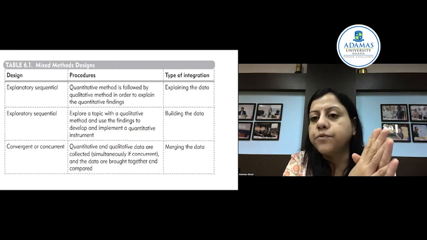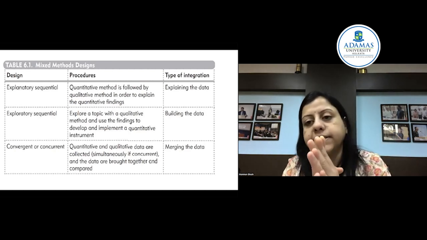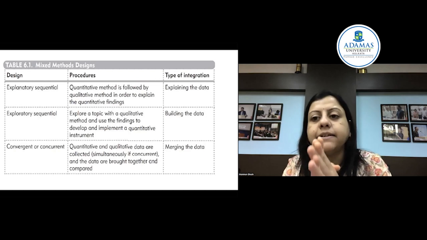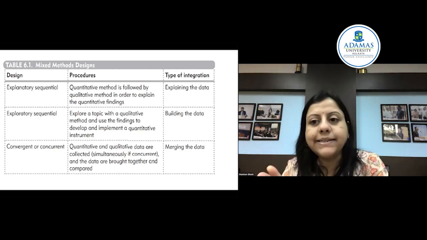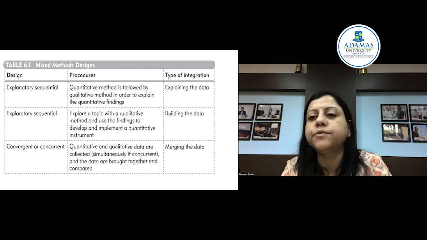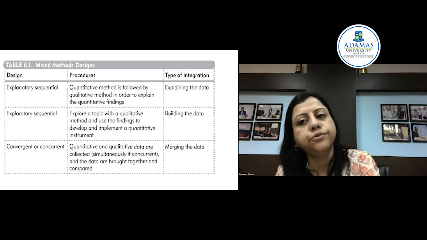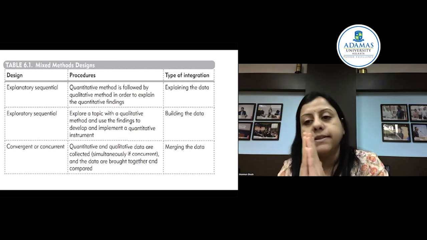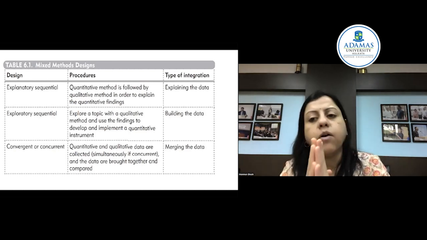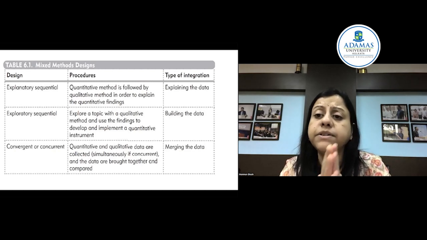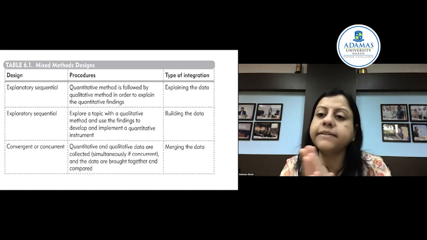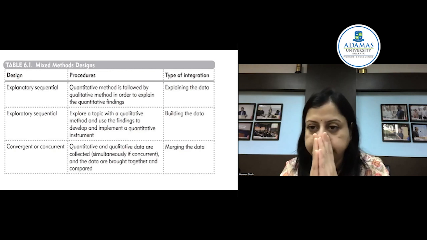So quantitative in the first stage and qualitative in the second stage, and then writing the implication and discussion, validating your study variables first through quantitative and then through qualitative. That is sequential explanatory, or explanatory sequential, whichever way you say it.